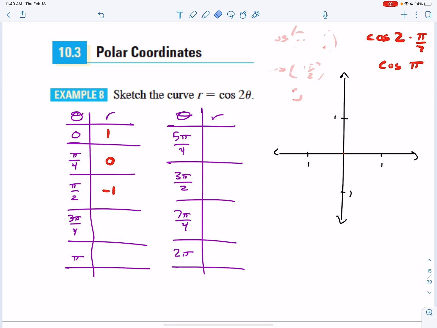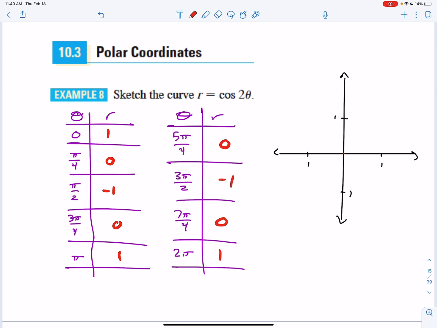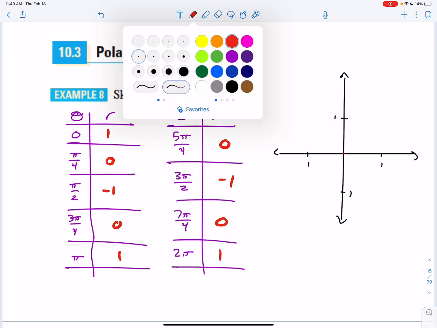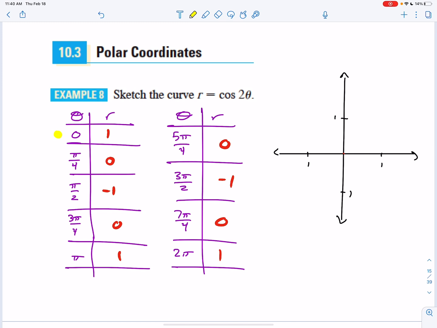So if you notice, there's a pattern. And I specifically chose these angles, okay? It alternates from 1 to -1 and back and forth. So this one's going to be 0 and 1 and 0 and -1 and 0 and 1. I'm going to go ahead and hopefully try to plot this in order. So I'm going to use yellow here, okay? 0, 0 and 1. The angle is at 0.